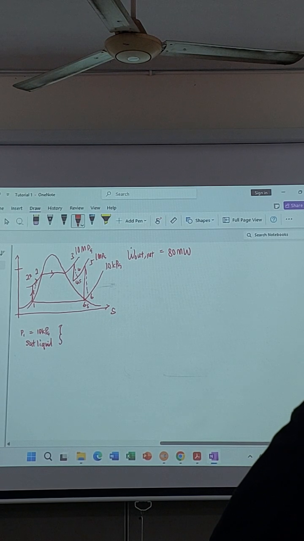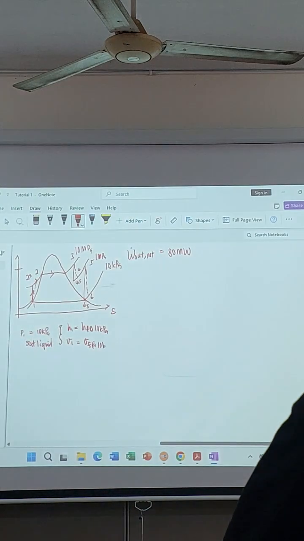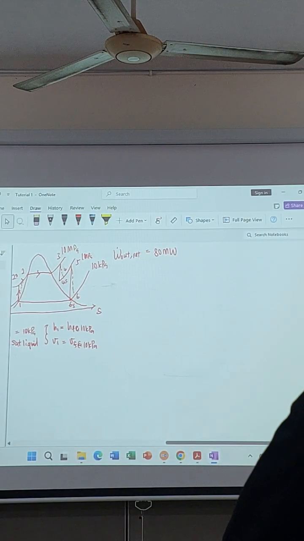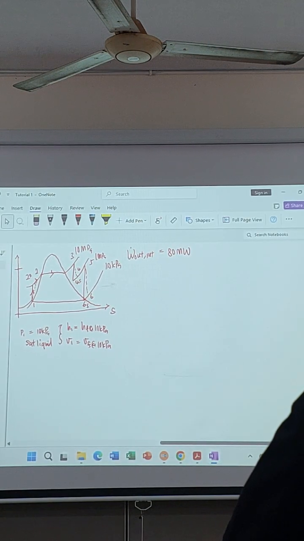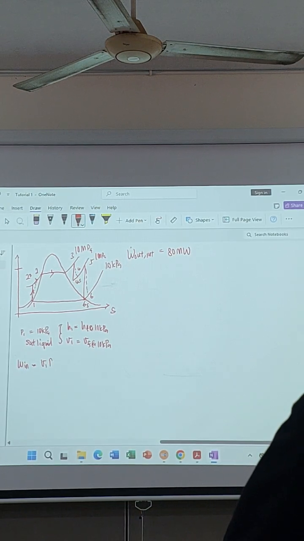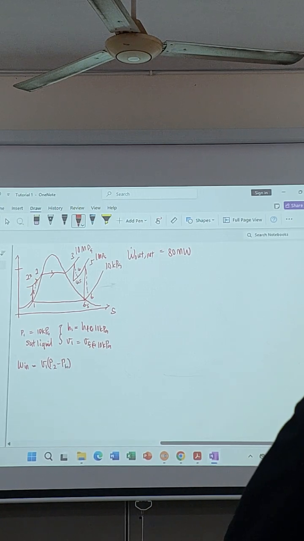Then from the table below we can find H1. We can also find T1. Then from here, H2 minus H1 equals v times P2 minus P1.